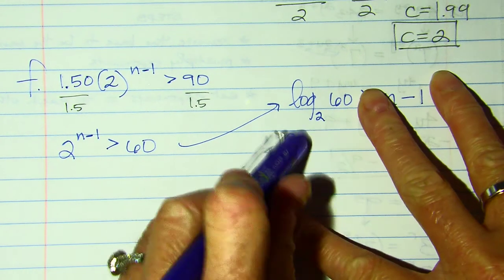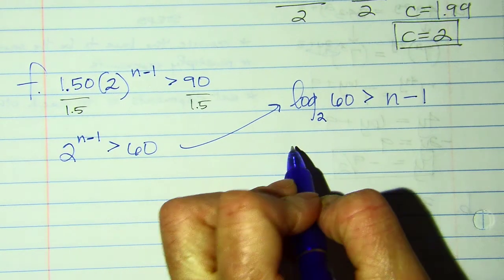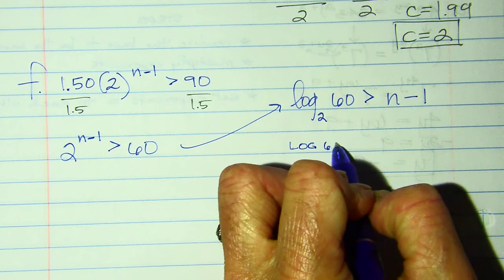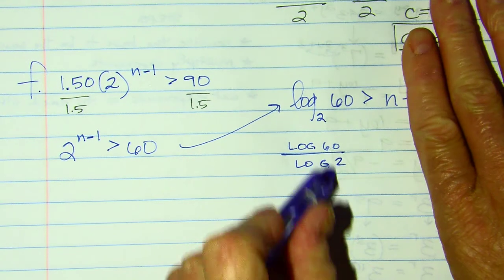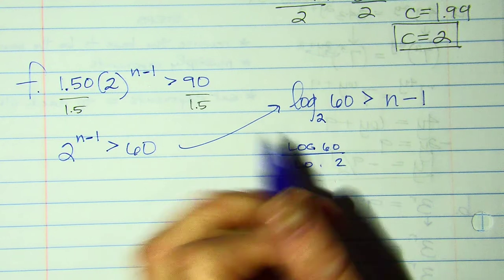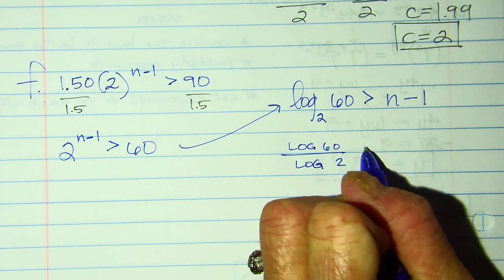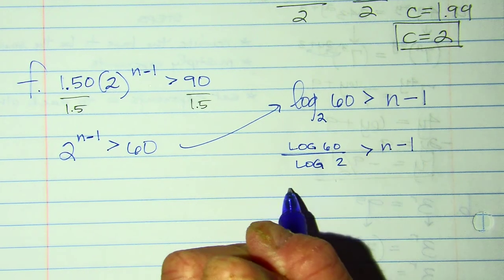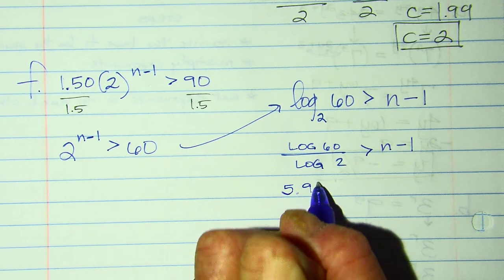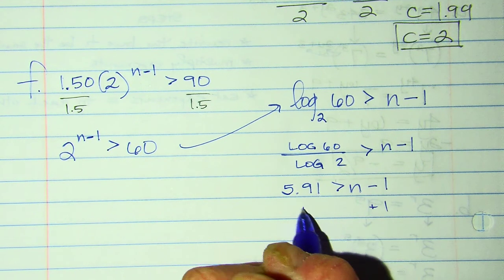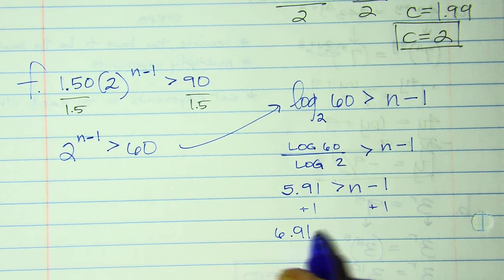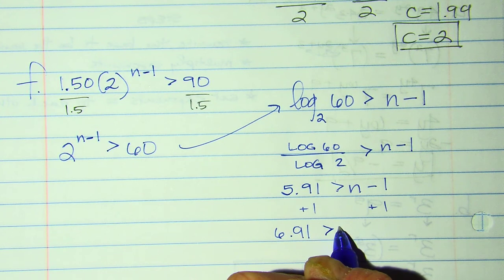So log of 60 divided by log of 2 is greater than n minus 1. This gives me 5.91 is greater than n minus 1. So add 1. 6.91 is greater than n.